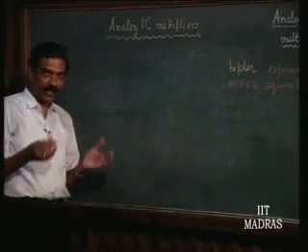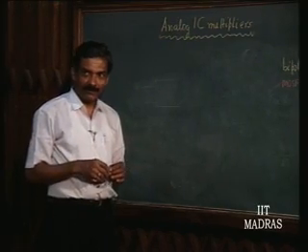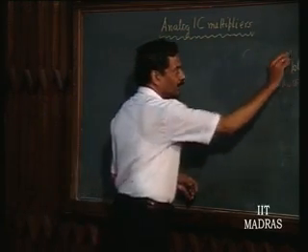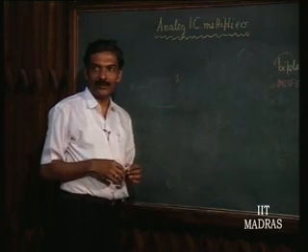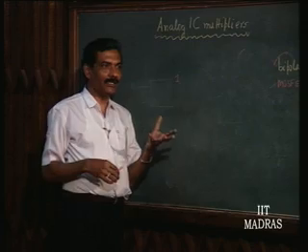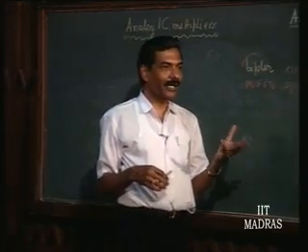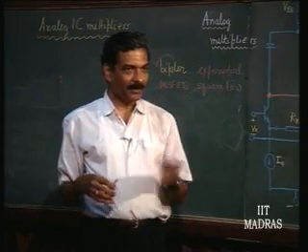Let us now see how we can use these relationships in formulating a multiplier. First, the basic multiplier application using bipolar device will naturally use the most commonly known knowledge about multiplication using log antilog tables. You have been using log antilog tables for multiplication.